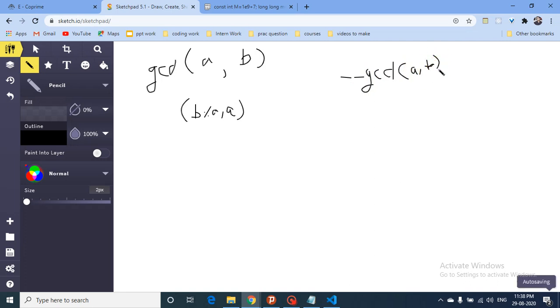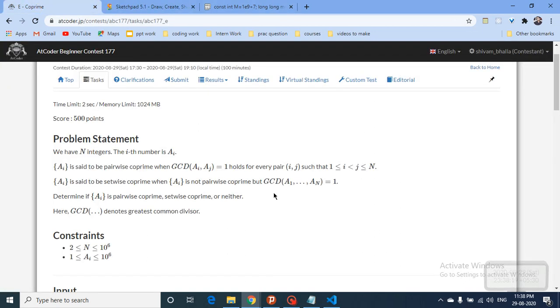You can write whichever you want. Then, if you iterate over the whole array from left to right, you can find the GCD of all the numbers. In that operation you are just iterating over all the numbers and finding the GCD, so you can always check whether it is setwise coprime or not.